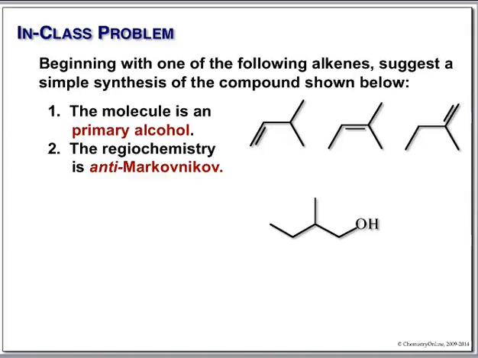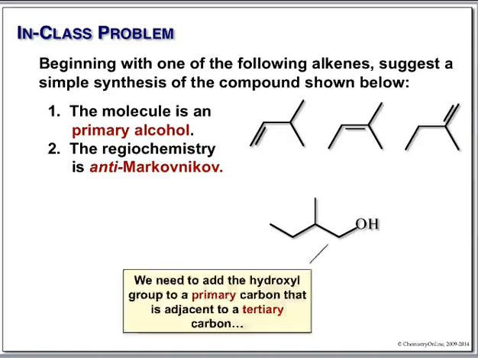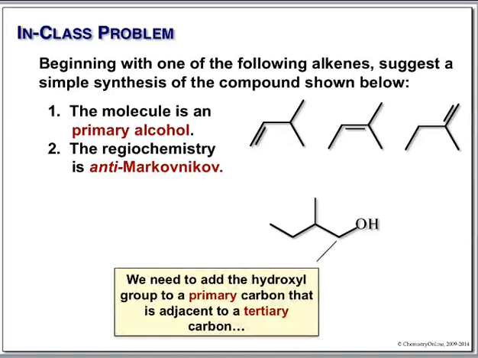Hydroboration, oxidation. My OH is attached here to a primary carbon adjacent to the tertiary carbon. So the ones we're looking at would be these guys. These don't have double bonds at all, so this is our only real candidate. So we'll use this as our starting material.